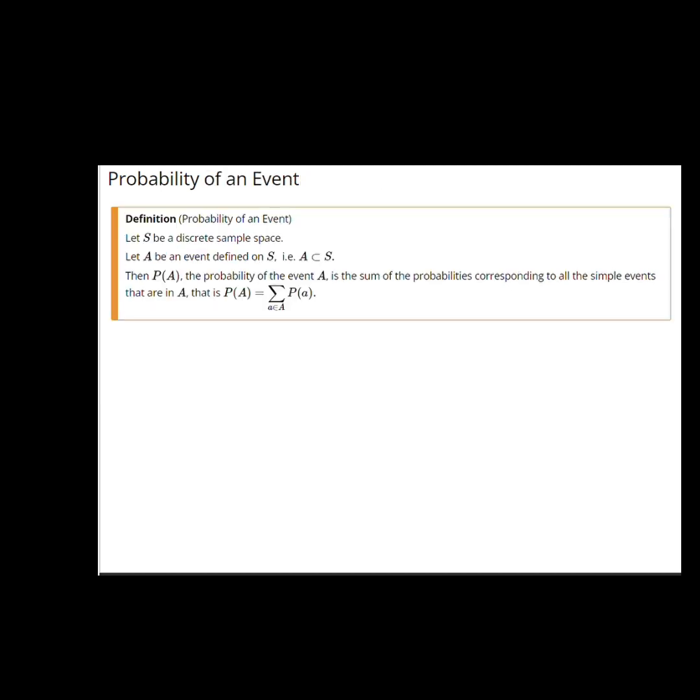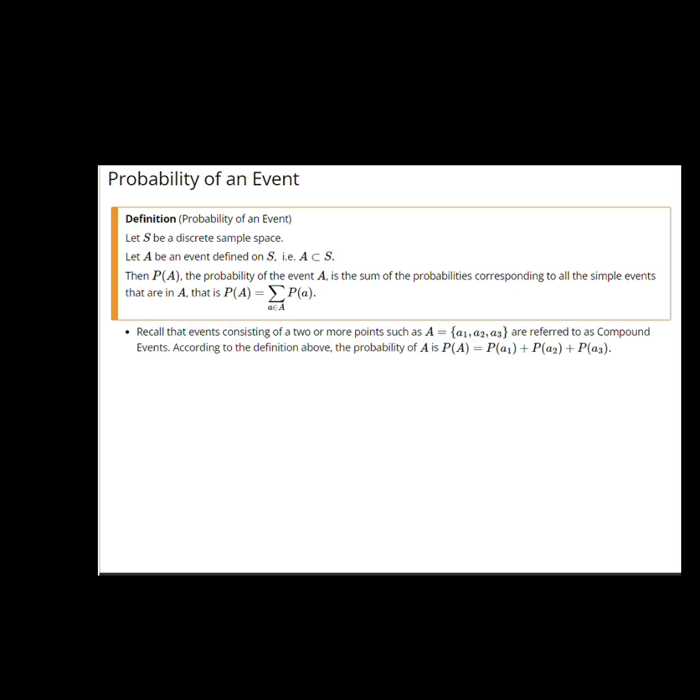The probability of an event. Let's suppose A is an event defined on the sample space. In other words, A is some subset of S. The probability of A is the sum of the probabilities corresponding to all of the simple events in A. In other words, we add together over every simple event inside of the composite event A the values of P(Ai).